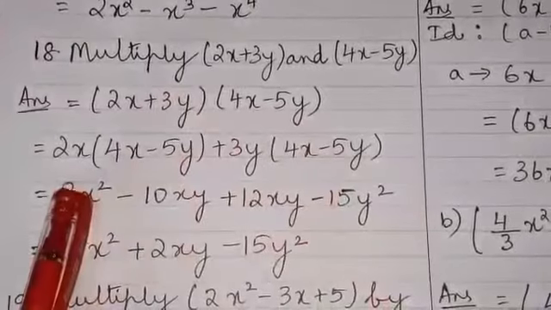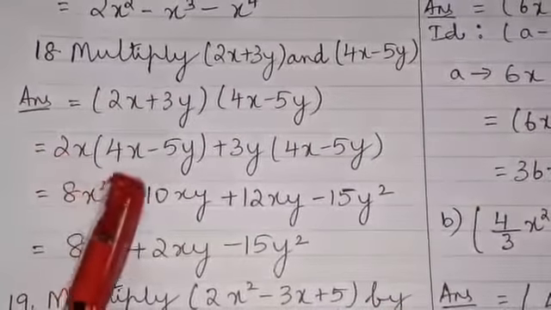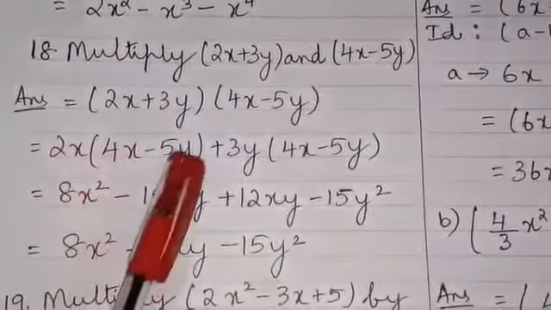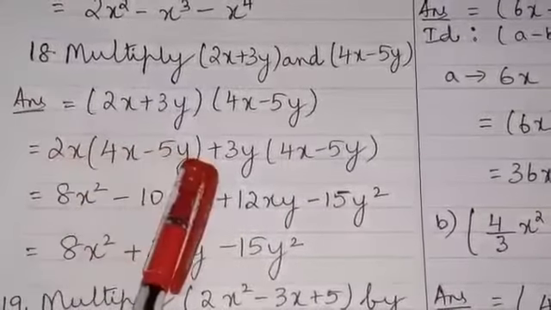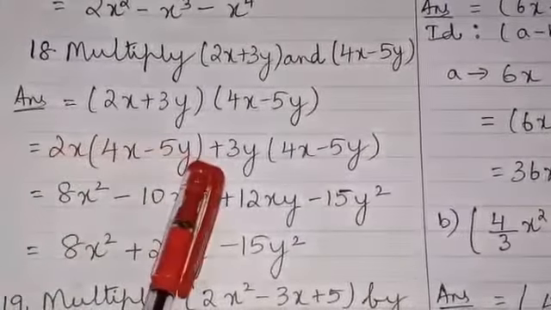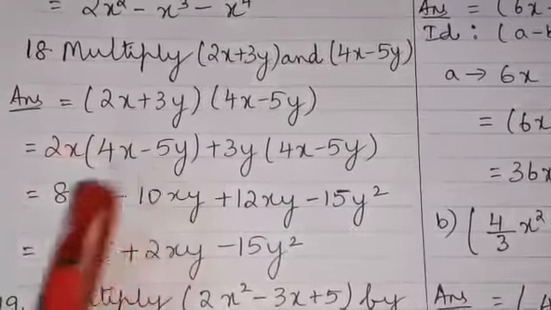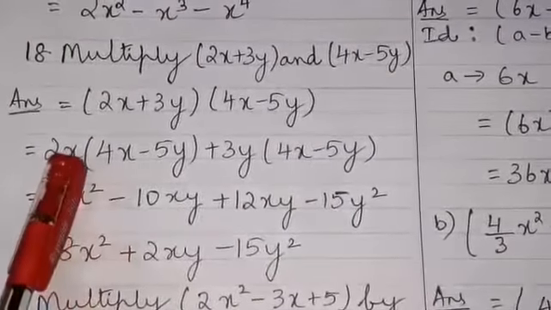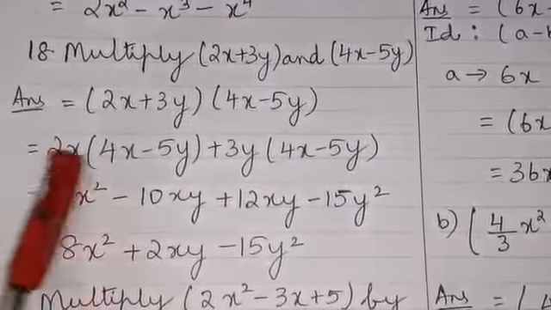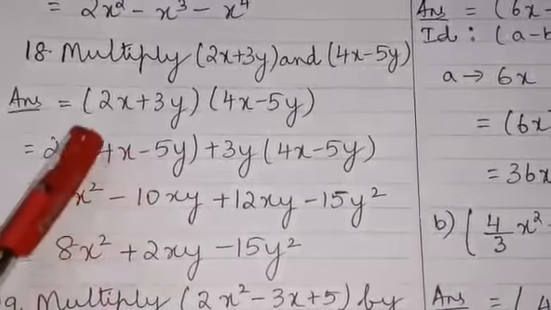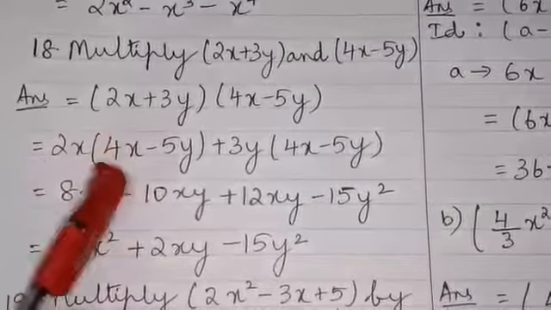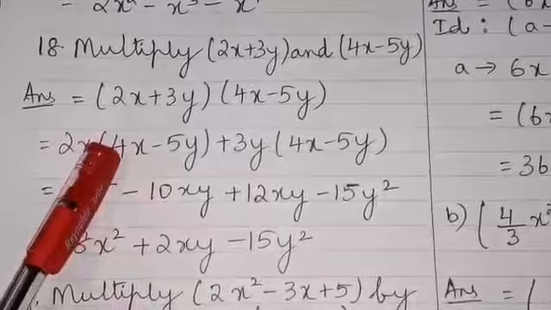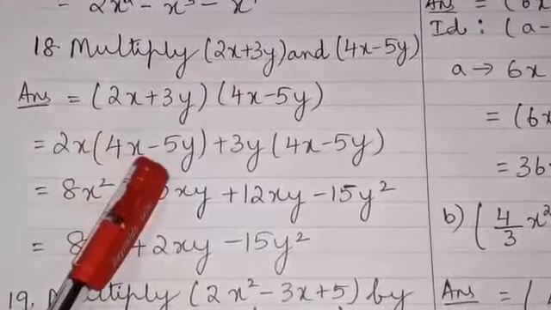Now here we need to multiply 2x with 4x and 2x with minus 5y in order to open this bracket. 2x has a plus sign before it, and 4x also has a plus sign before it, since inside the bracket we don't see any sign, which means it's plus 4x.